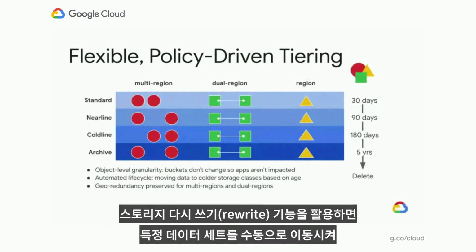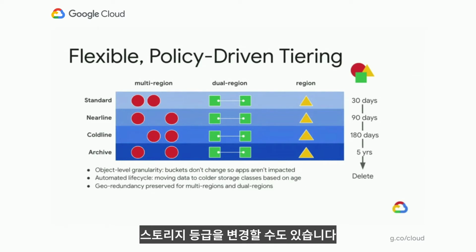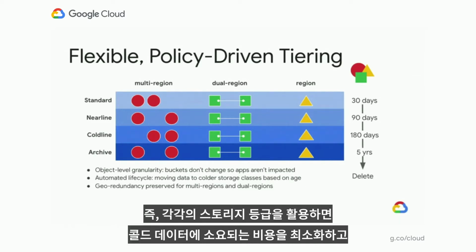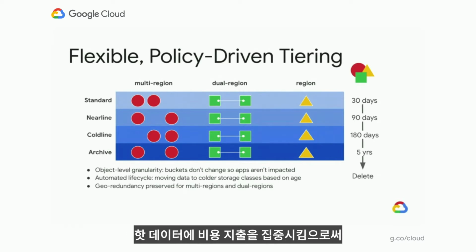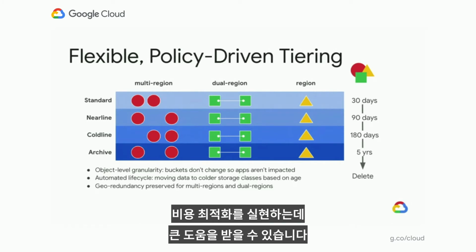You can also manually move particular data sets with a storage rewrite to change the storage classes. So no matter how you approach it, you can use the multiple storage classes as a way of optimizing your total cost of ownership so that your cold data is charged the least and your hot data the most, as you would hope for.